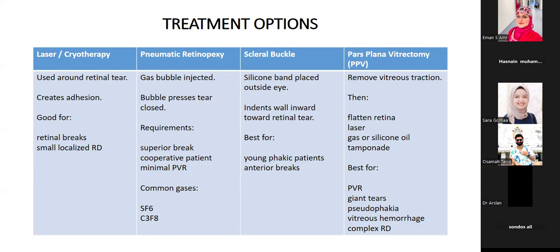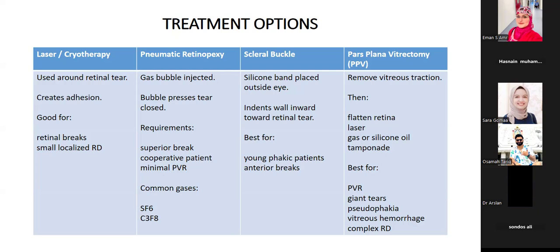You can do pneumatic retinopexy in completely macula-off detachments, but for better results, the macula should be on in those cases. Scleral buckling is now getting outdated. It involves an external explant with which we indent externally and approximate the RPE to the neurosensory retina.